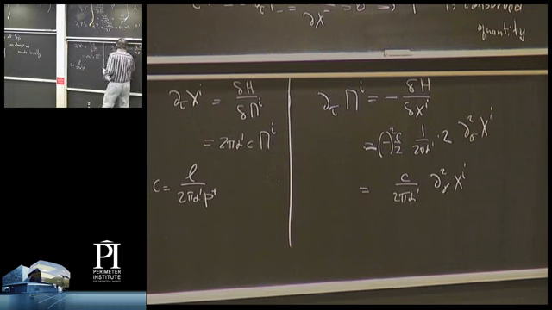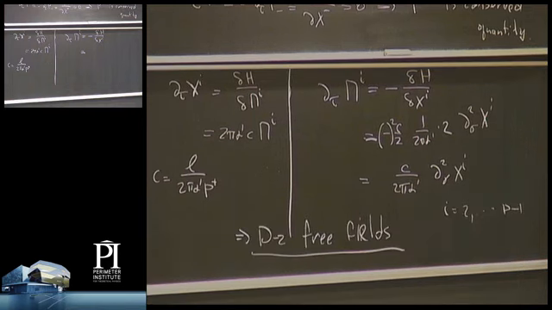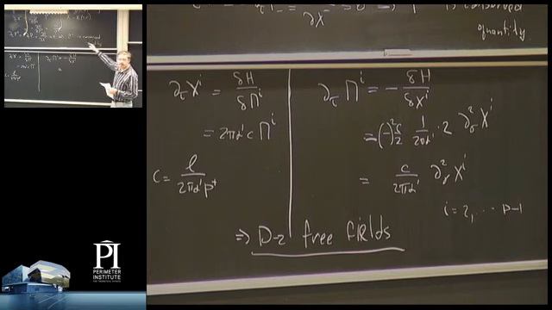Okay? And so here we just have to take a derivative with respect to x sub I. So when we take this functional derivative, we actually have to integrate by parts. So there will be an additional minus sign. And so it will be C over 2, 1 over 2 pi alpha prime times a factor of 2.